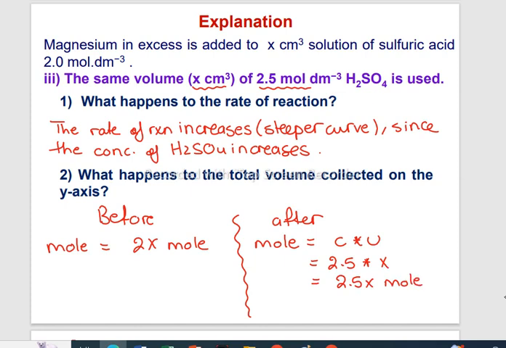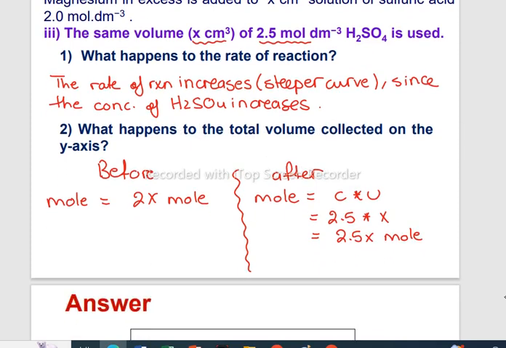Now from this part, we're going to find that the mole of limiting reagent, which is the H2SO4, actually increases. So this indicates that the total volume collected will increase as well.